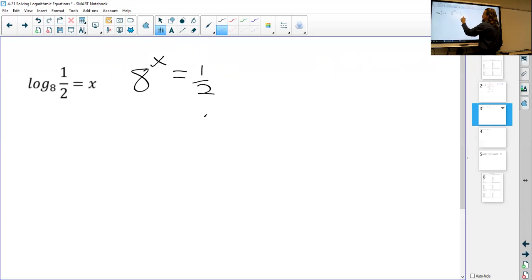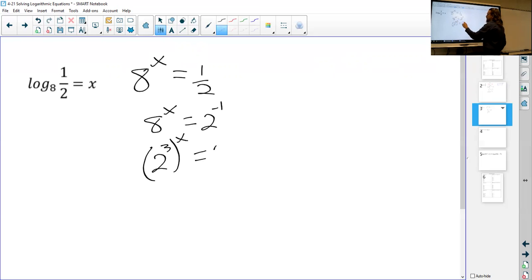So 1/2 is 2 to the negative 1st power. So 8 is 2 to the 3rd power, raised to the x, equals 2 to the negative 1st.